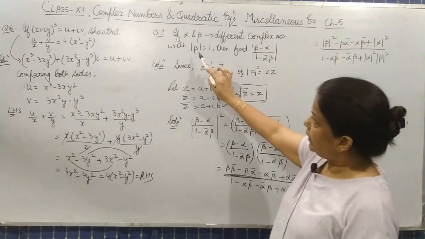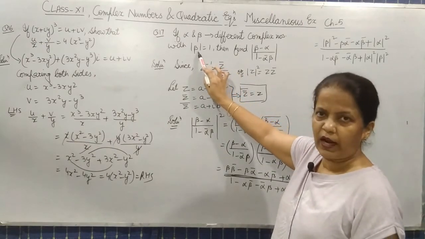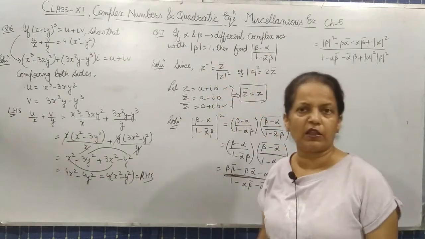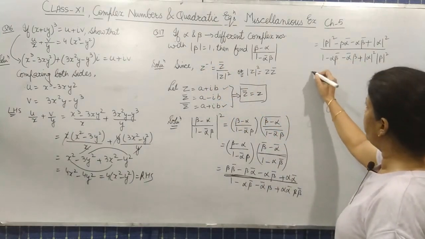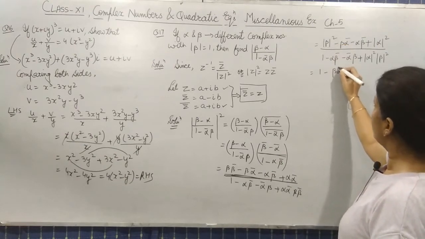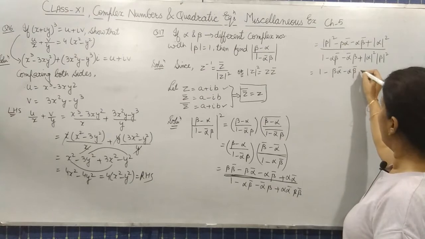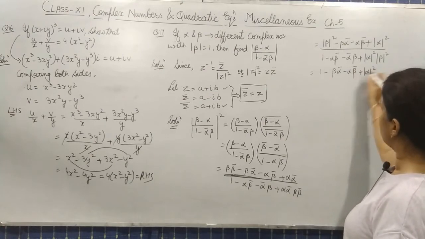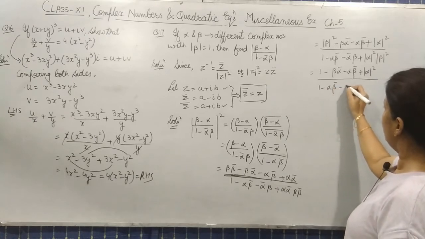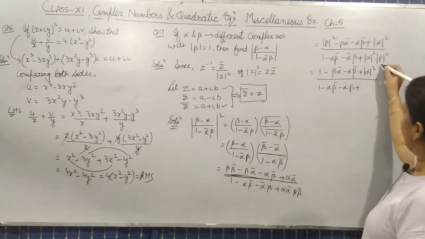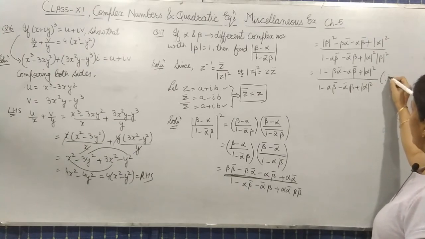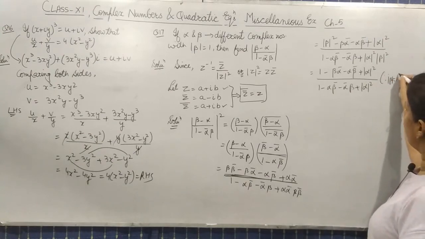Look here. It is given in the question that the absolute value of beta is 1. So we will put the value, beta square as 1 square, minus, and keep this as it is, and in the same way we will put the value here also. You will give the reason: because the absolute value of beta is 1.